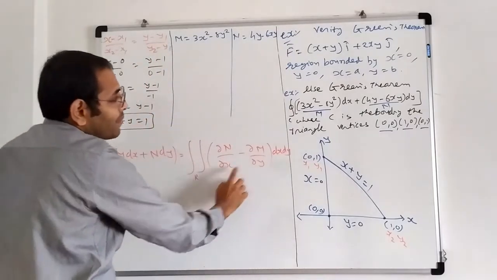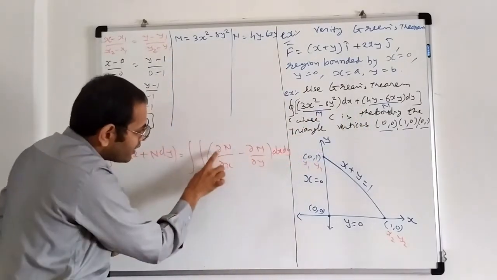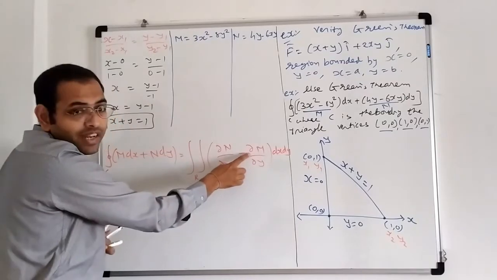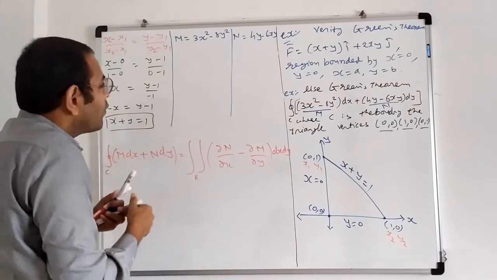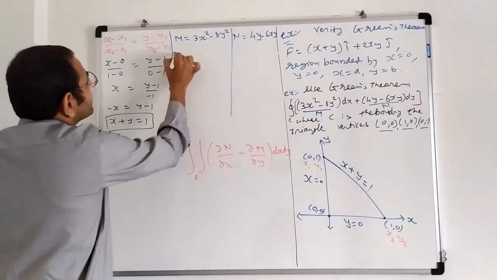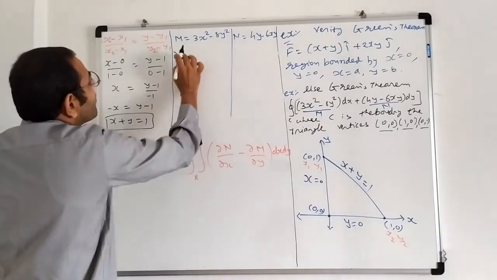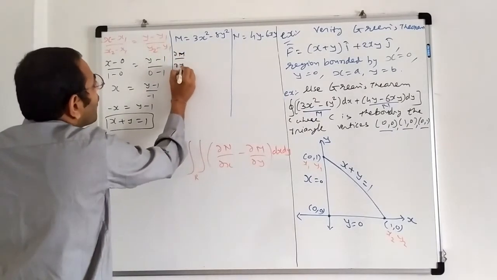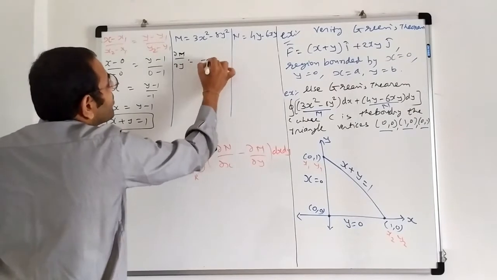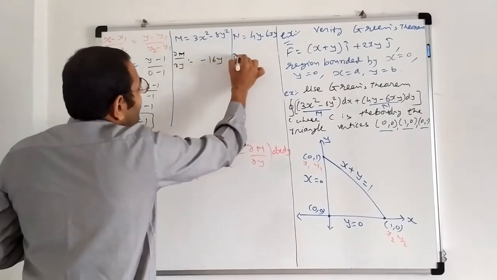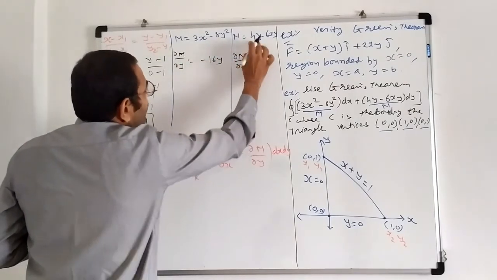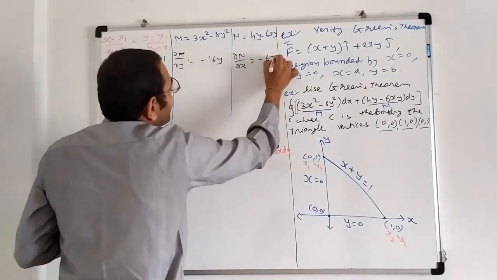Now we require the partial derivative of N with respect to x and the partial derivative of M with respect to y. The derivative of M with respect to y is minus 16y. The partial derivative of N with respect to x is minus 6y.